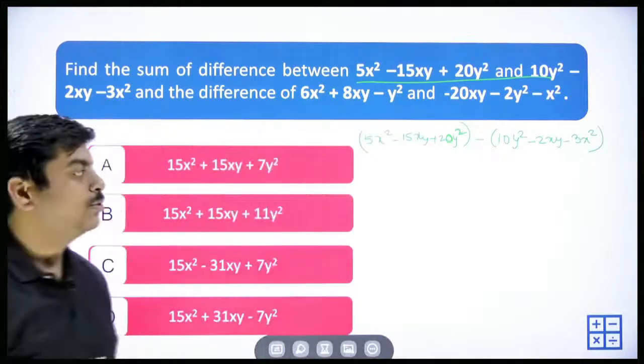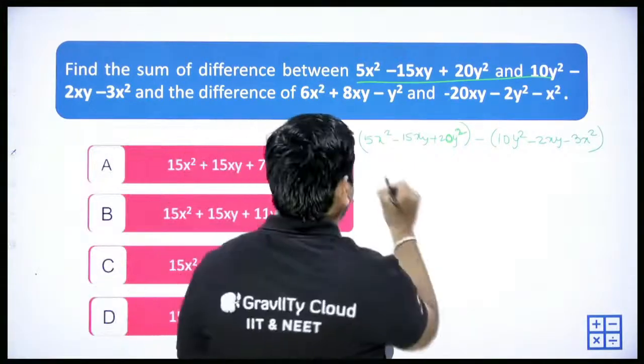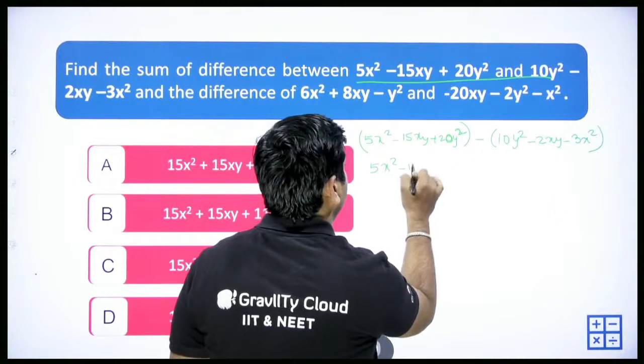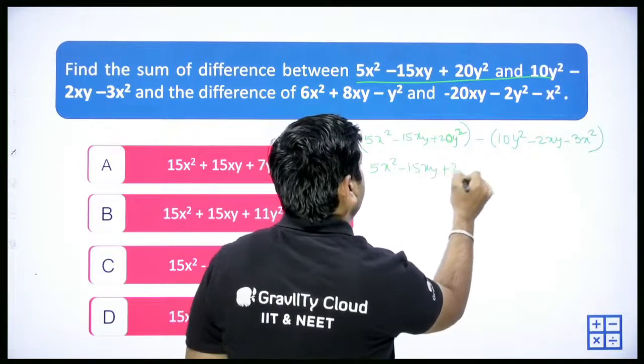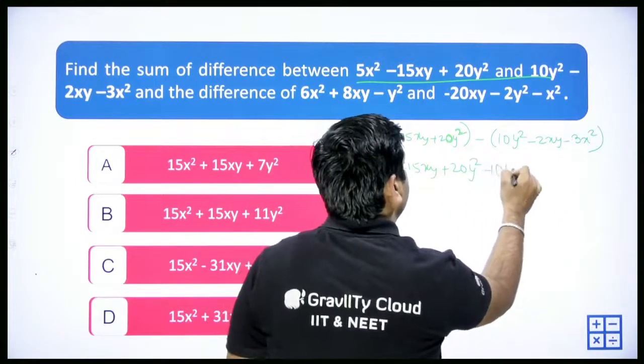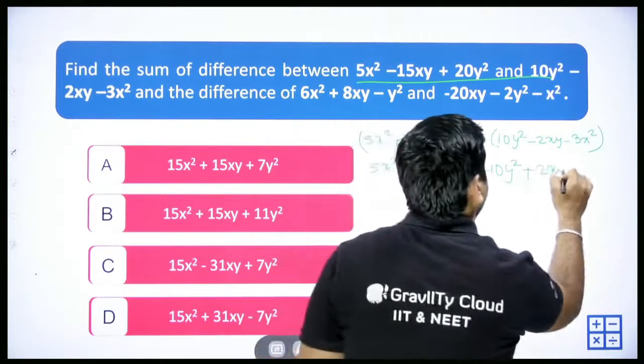That will give you 5x square minus 15xy plus 20y square minus 10y square plus 2xy plus 3x square.